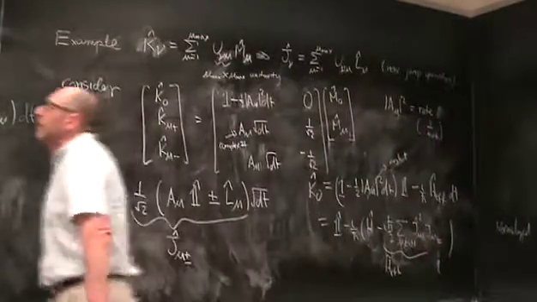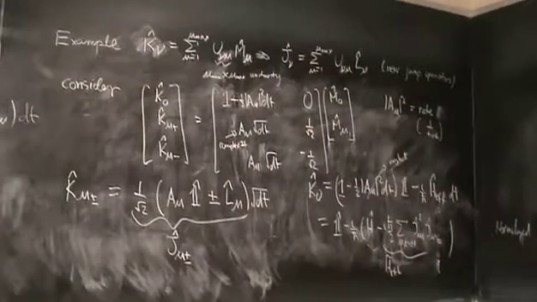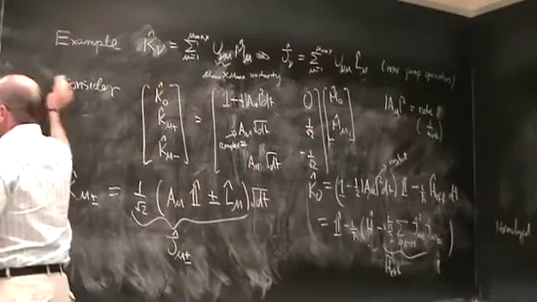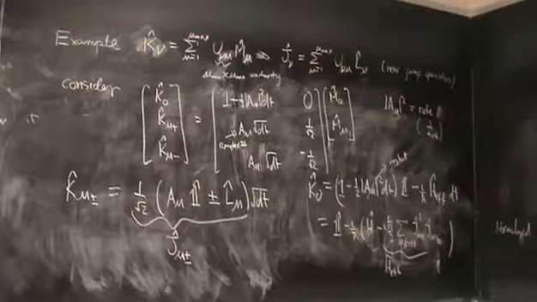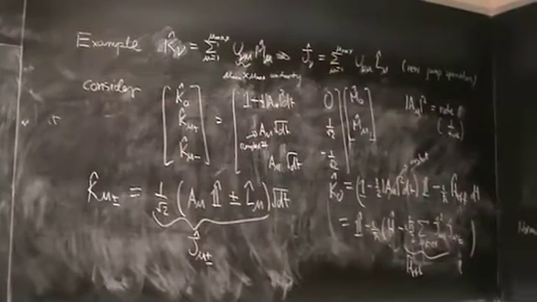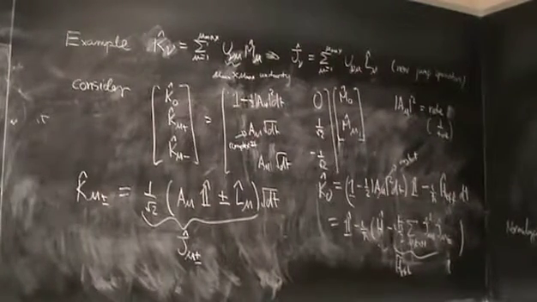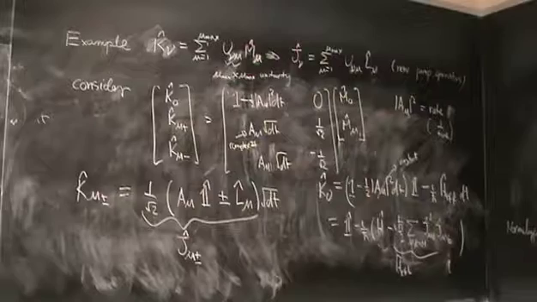Well, remember, every Krauss operator has an interpretation as coupling the system to an ancilla and then doing a measurement on the ancilla. In this case, we're generally thinking about our ancilla as the vacuum.